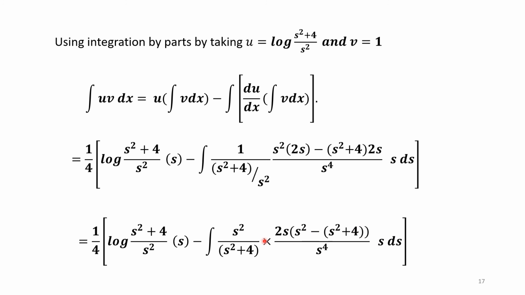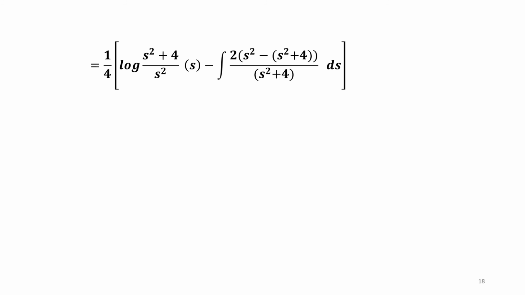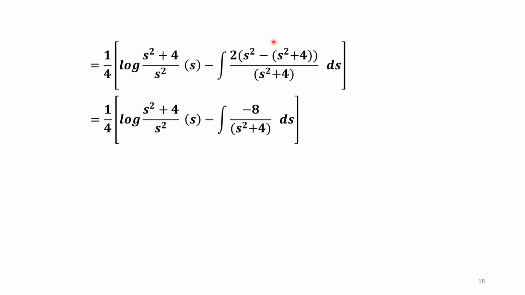Just open the bracket. So here when I open the bracket, s square minus s square minus 4, so s square will get cancelled. Only minus 4 will remain inside this, and 2 will be outside. The remaining s also will get cancelled. So I've cancelled s now. Then opening the bracket, s square also is cancelled.